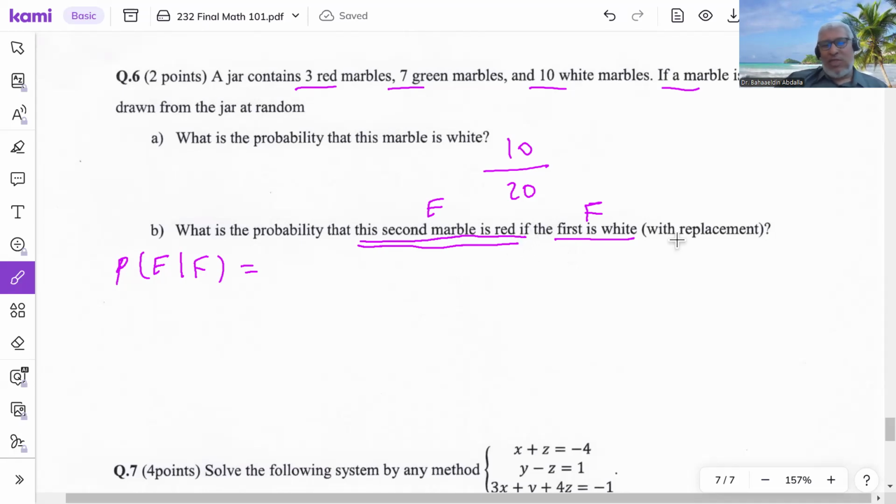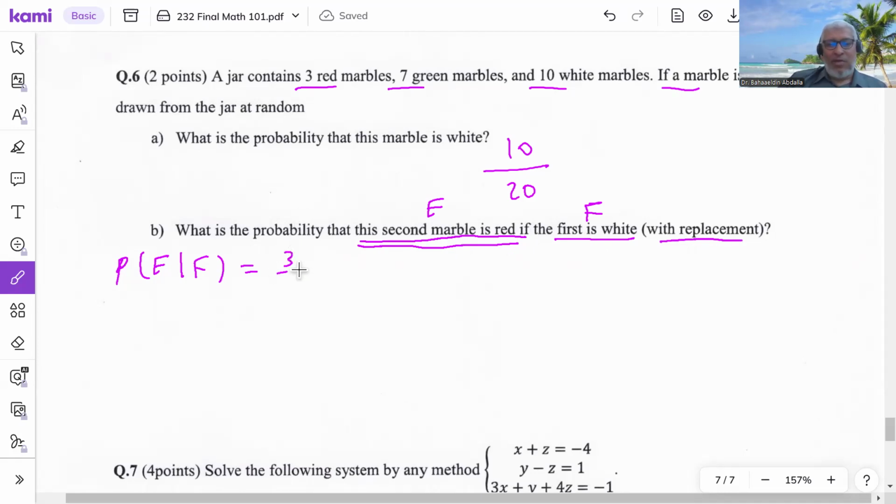So notice that the experiment is with replacement. So select the first marble, it's white, put it back in the jar, and select the red marble. So what is the probability that you select a red marble in the second?